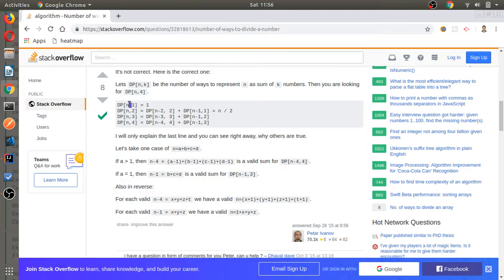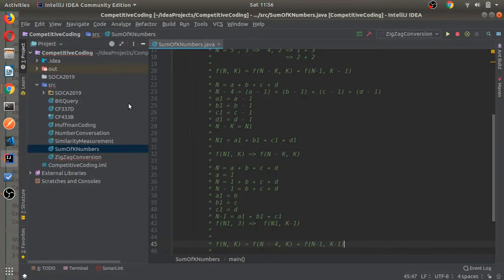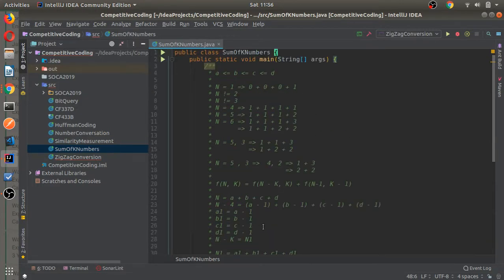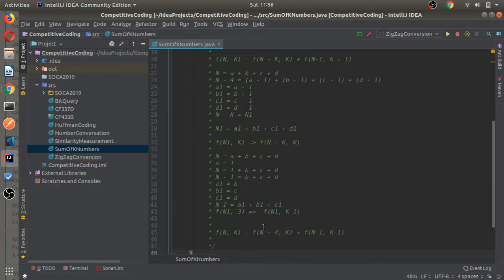There is only one way of representing. So if n is 5 and number of digits is 1, it's only one way of representing 5. So that kind of makes sense. It's not too intuitive, but when you think about it this way, this actually makes some sense.